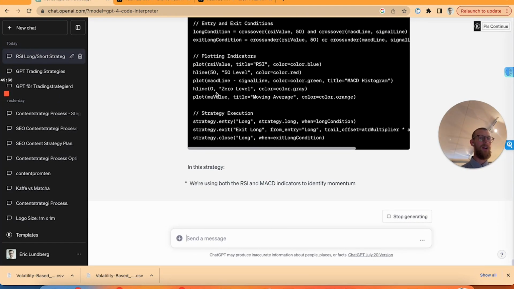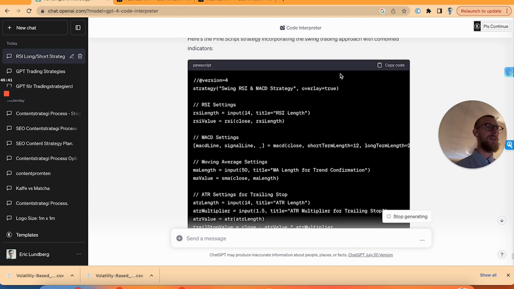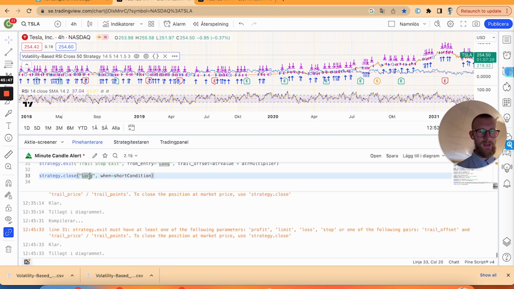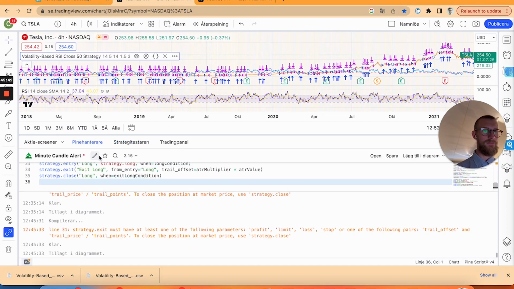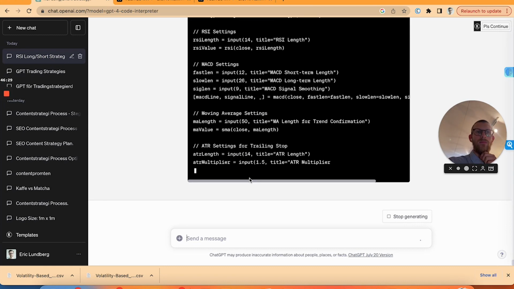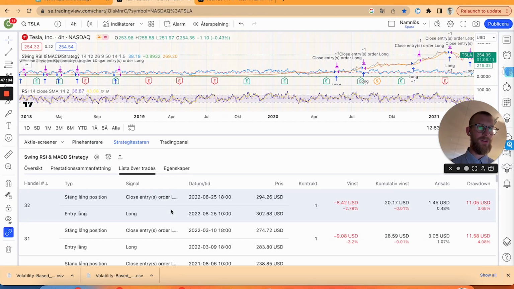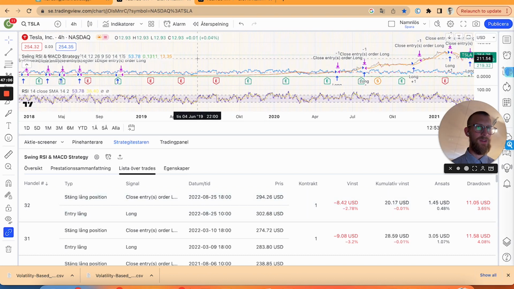And here we go. Good job. The next one. Let's see if this one works. Pine editor. Go. And it worked. Nice, it worked.